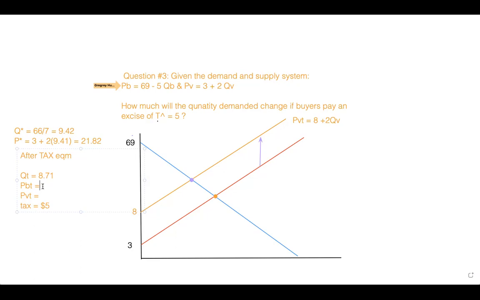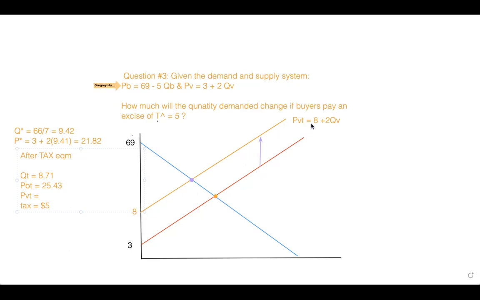And Brian, what did you get for the buyer's price? I got 25.43. Now, in this case, if we take the 8.71, we have to plug it back into our illustration.